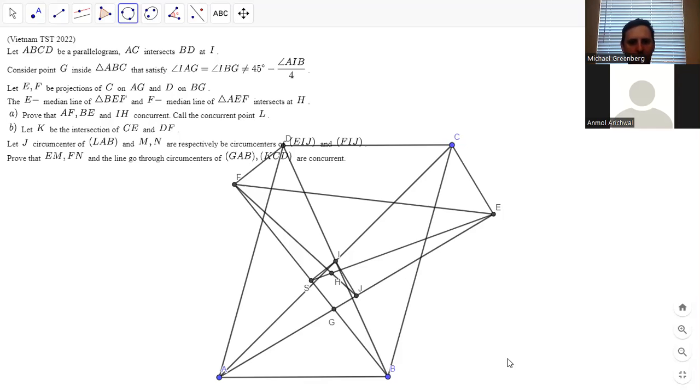It's pretty interesting. So we could say let I be the center of the parallelogram. So if I is the center of the parallelogram, drop perpendiculars to AG and BG. But yeah, you still need point F.